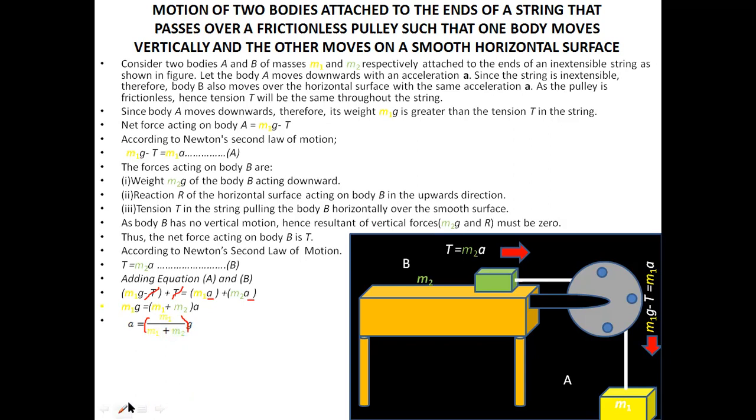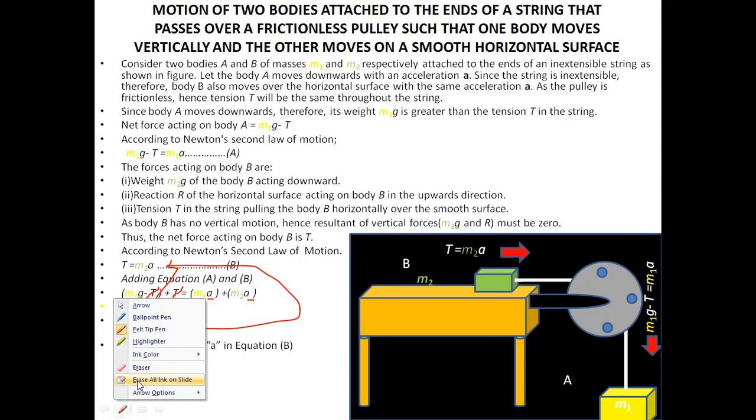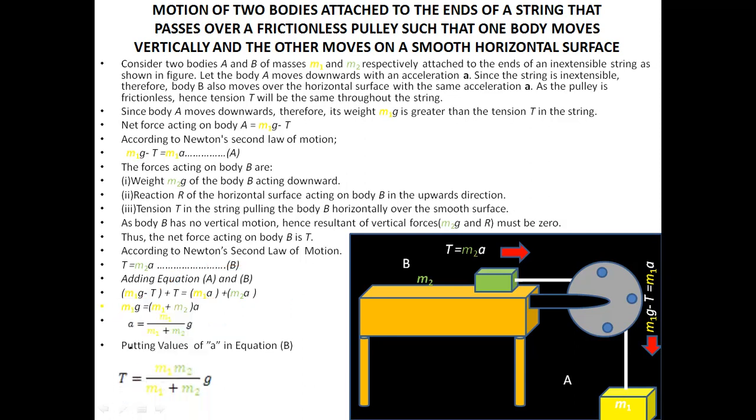Now, if we want to calculate the tension, for the same procedure, we will put the value of A, which we have calculated over here, in equation B, because we know the acceleration now. How can we solve this equation? Just by putting the value of A, T will be equal to m1 into m2, divided by m1 plus m2, into g.